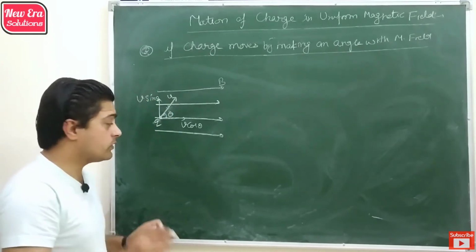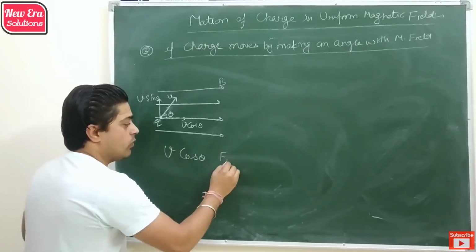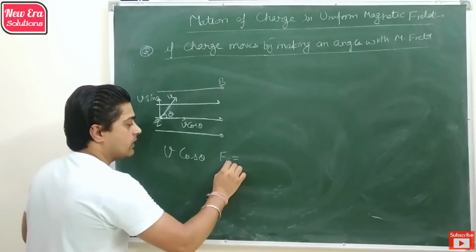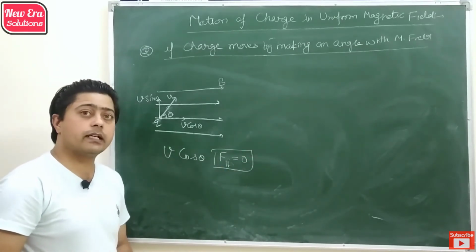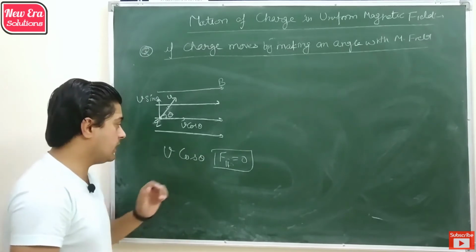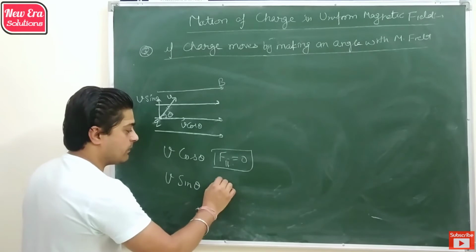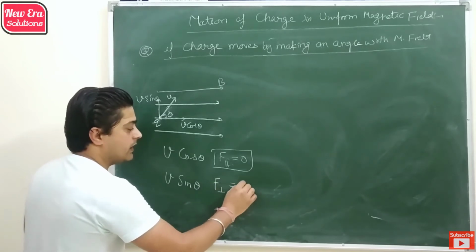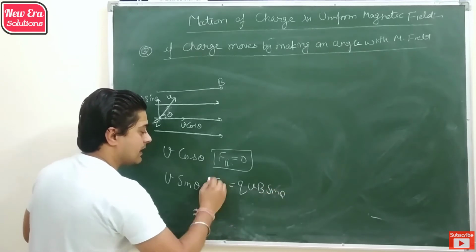Due to the component v cos theta, there is no magnetic force, so it will not affect the motion of the charge. But the component v sin theta, which is the perpendicular component, will produce a force of qvB sin theta.